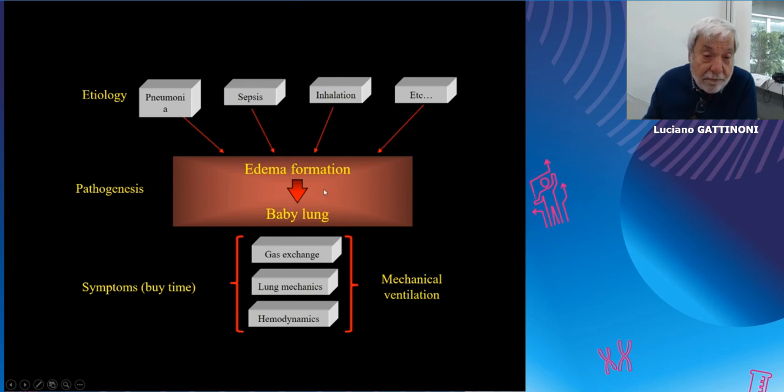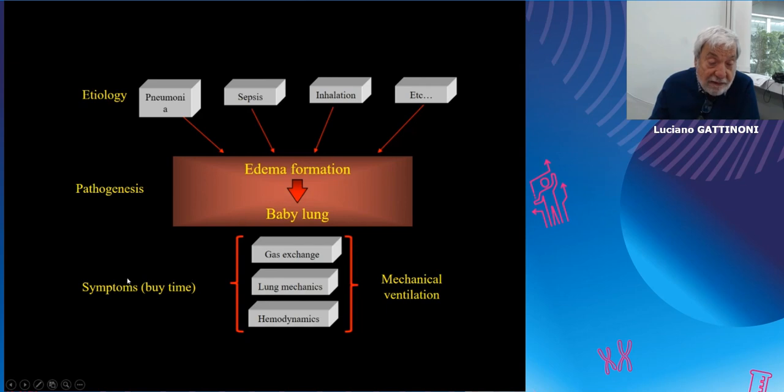Already Ashbaugh and Petty found that, at the end of the story, many different diseases lead to an inflammatory edema formation, which reduces the lung's ventilable size because the water steals space from the gas. The ventilable lung is reduced to the size of the lung of a baby, 300, 400, 500 milliliters instead of 2 liters and a half.